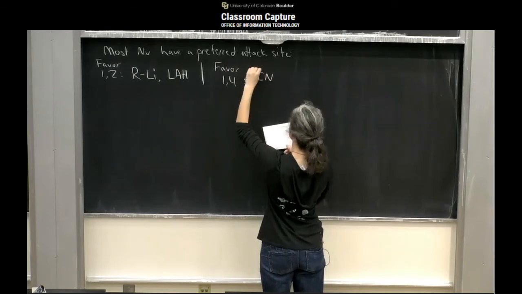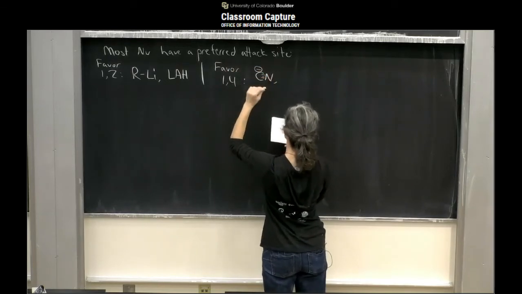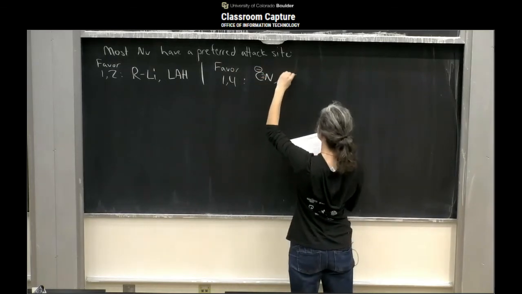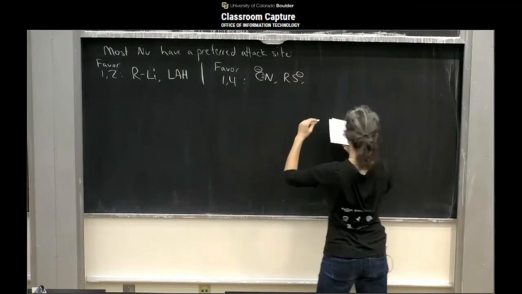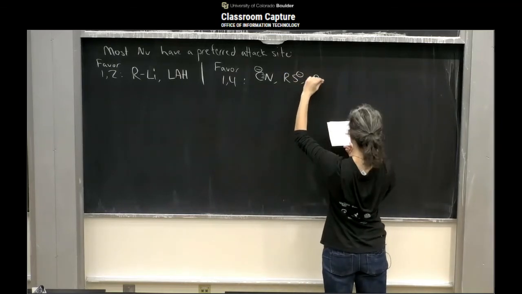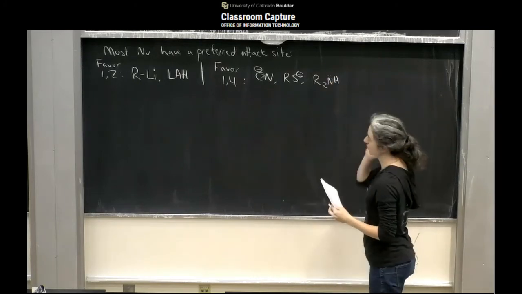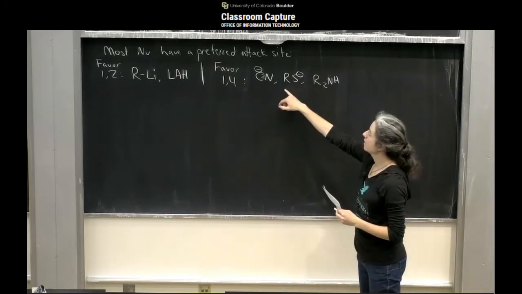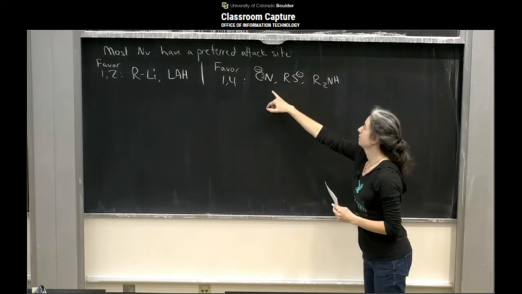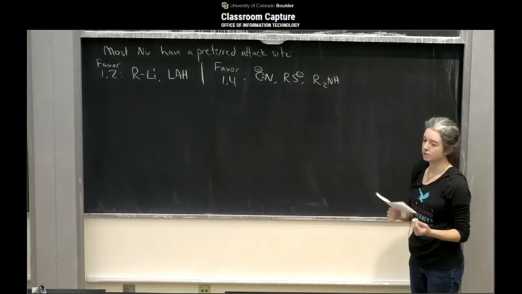So like CN minus, RS minus, any kind of amine. So usually the weaker bases will tend to favor conjugate addition instead.